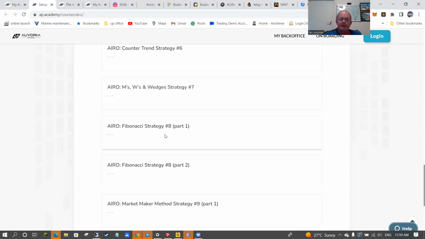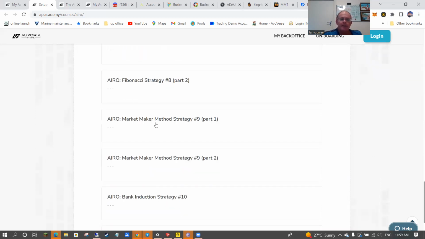How to use Fibonacci. We're getting a bit technical now, but the way he explains this and uses AIRO to help you, they make it very simple. There's two parts to the Fibonacci strategy. The market maker method strategy, strangely enough, is pretty much where the market makers trend EA came from.